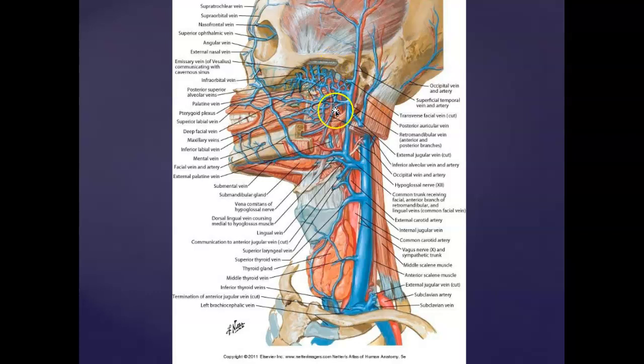And this is primarily going to exit into the internal jugular vein, but also will help drain the posterior auricular vein into the external jugular vein here, coming on the outside of the sternocleidomastoid.